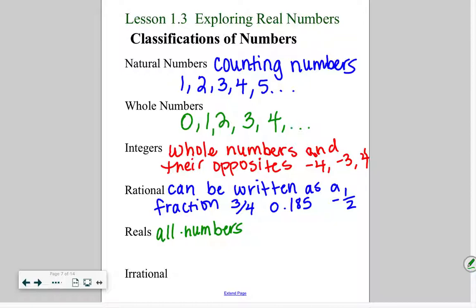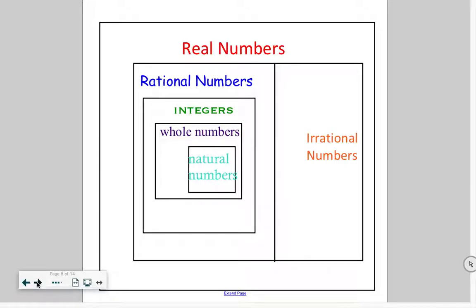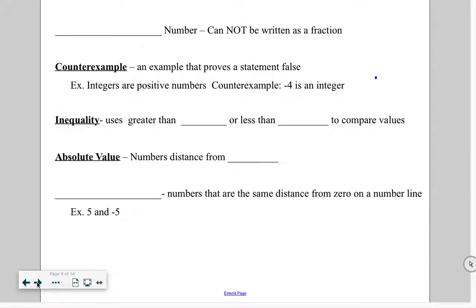At the top of the first page that you glued in, fill in the word irrational. An irrational number is a number that cannot be written as a fraction. That prefix of IR means not rational, which means it cannot be a fraction.